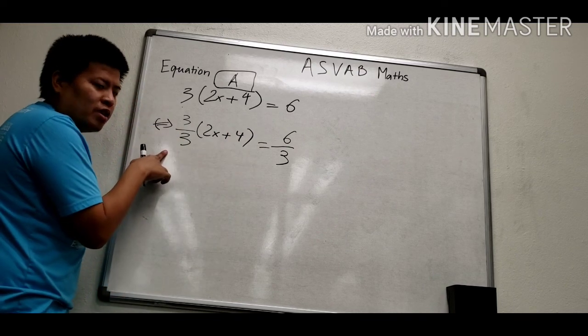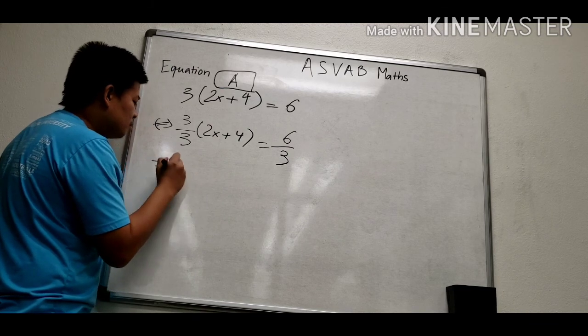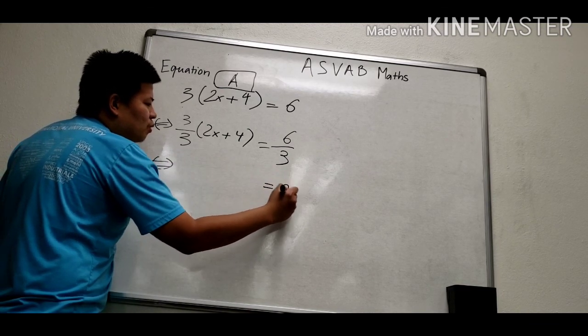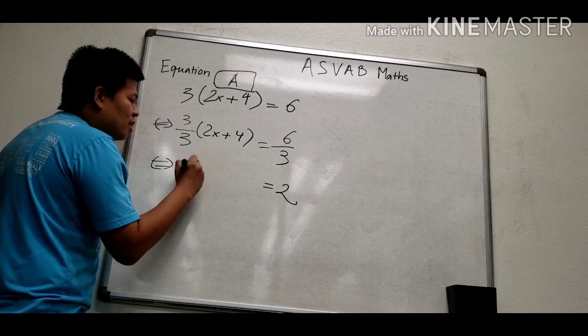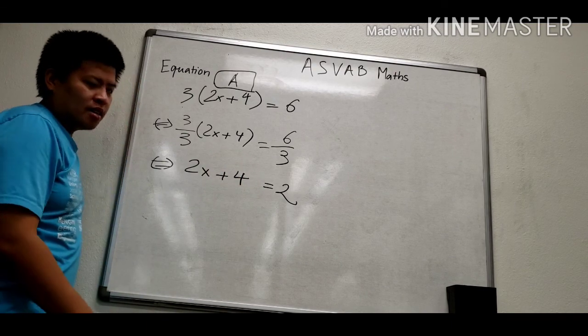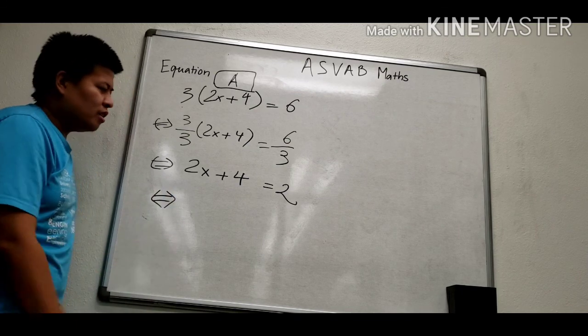Because 3 divided by 3 is 1. 6 divided by 3 is 2. So that we got 2 in here. But this number is eliminated, so that we can open the bracket.